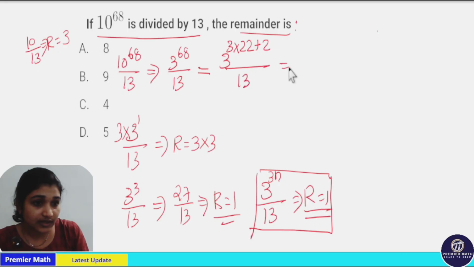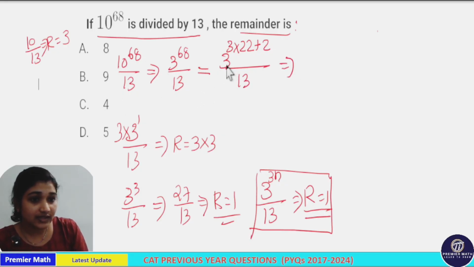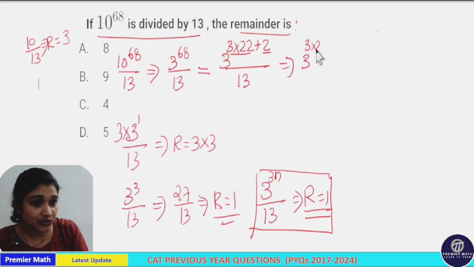So write it in the form of a raised to m into a raised to n. Here this is equal to a raised to m plus n. Take plus sign. So left side is equal to m and right side is equal to n. So m is equal to 66. That is 3 raised to 3 into 22 means 3 raised to 3n into 3 raised to 2 divided by 13.